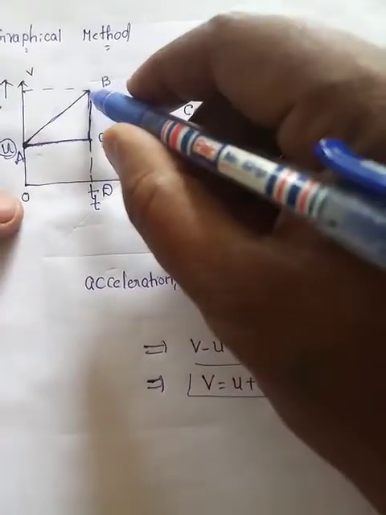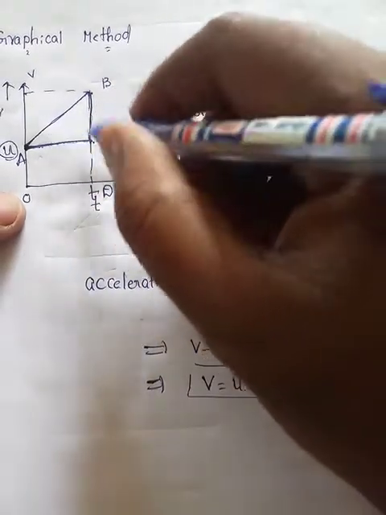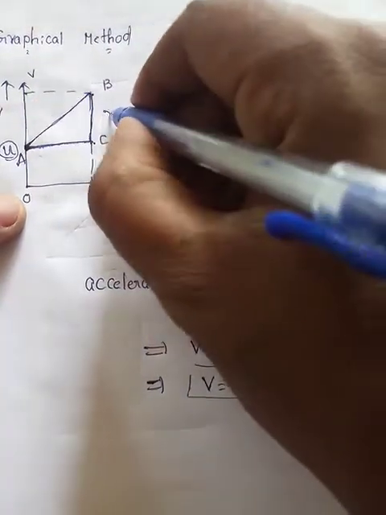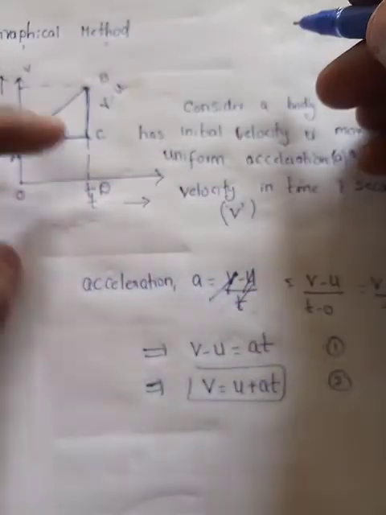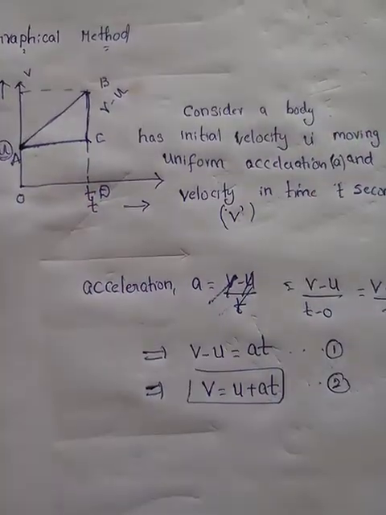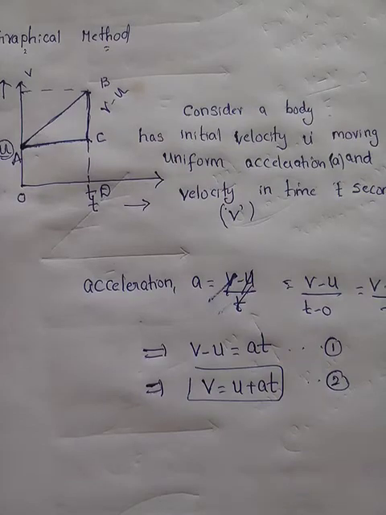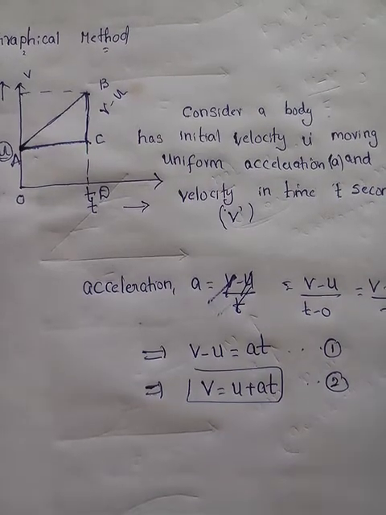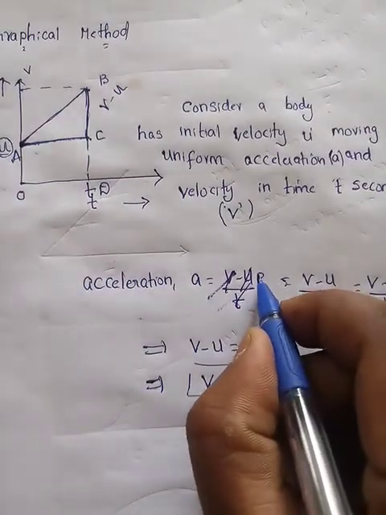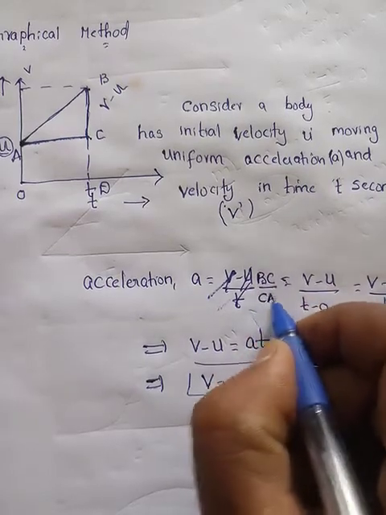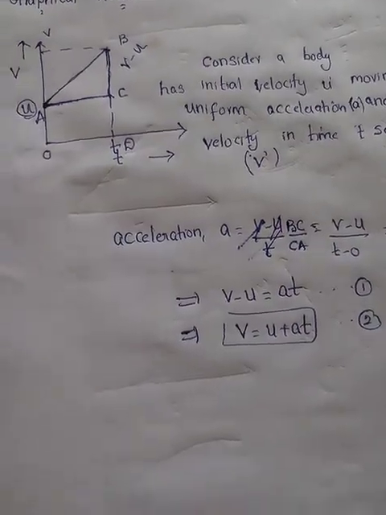So I have taken the slope of this body from B to C. BC is equal to v minus u, CA is equal to t minus 0. You can write BC by CA.